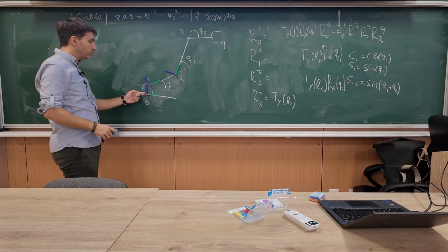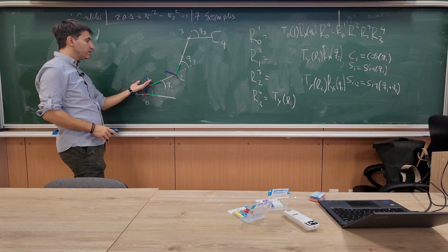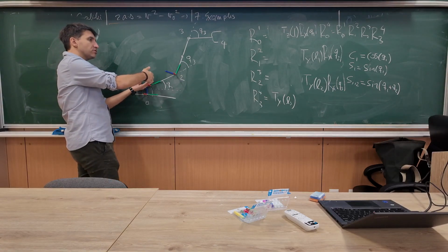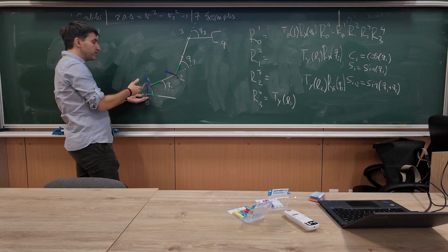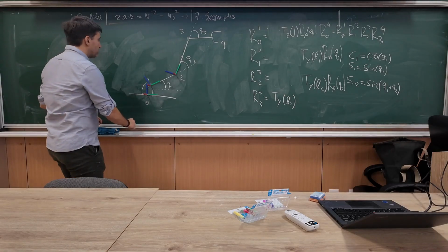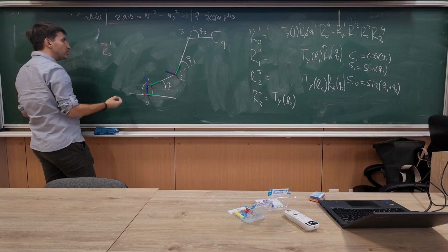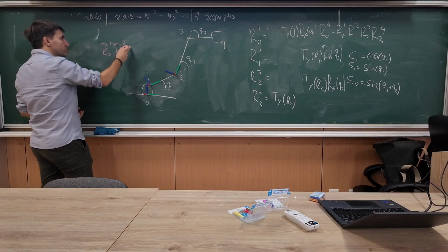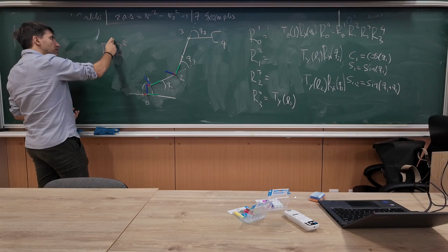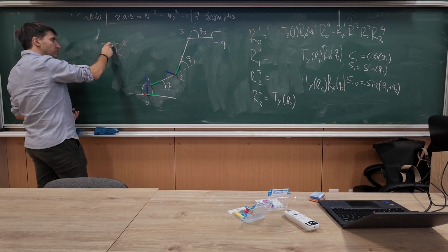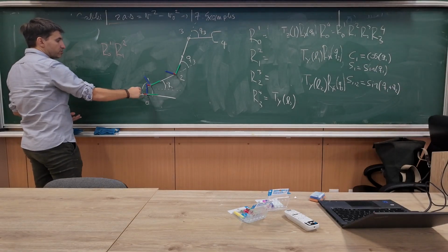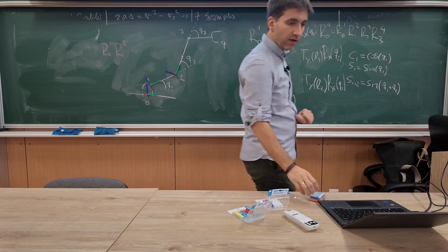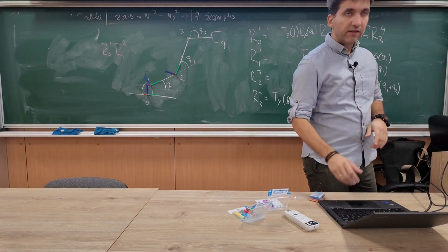So if I do the transformation from 0 to 1, and I'm already at 1, I need to translate around the axis of 1 to go to 2, right? Because I wrote this transformation from 1 to 2, right? That's why I multiply from the right. So I start by R0,1, and I multiply from the right R1,2, because this is the transformation with respect to the axis of 1, right? If I would multiply from the left, all the transformation would be happening around this frame, and that I don't want. All right, any other questions?